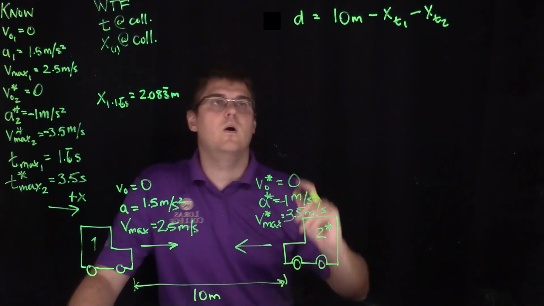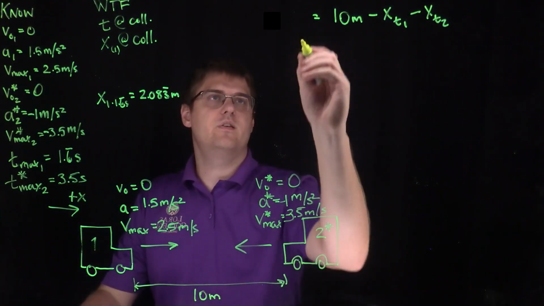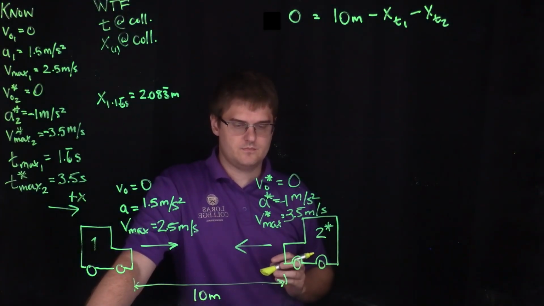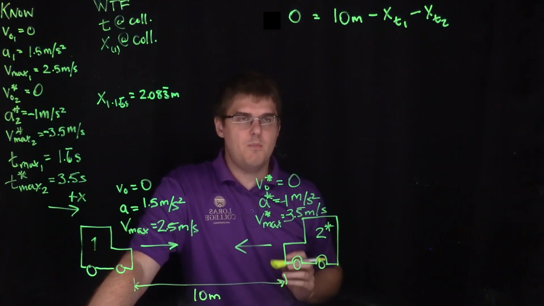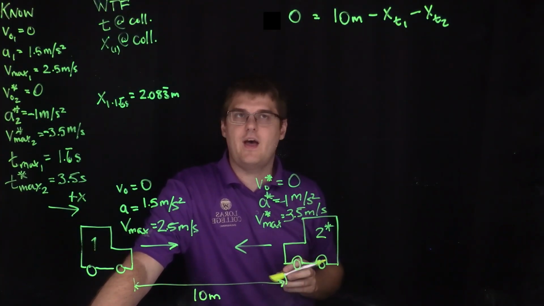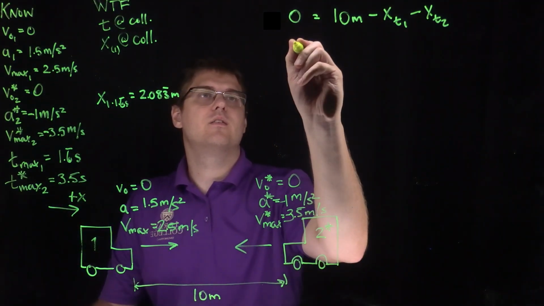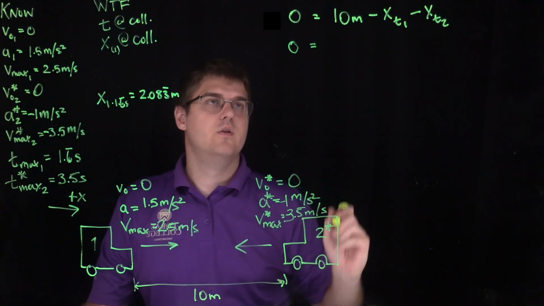Okay? Well, I'm trying to solve for when this distance becomes 0. So I'm going to go back to what I just did with that previous equation and see if I can solve for where that is.